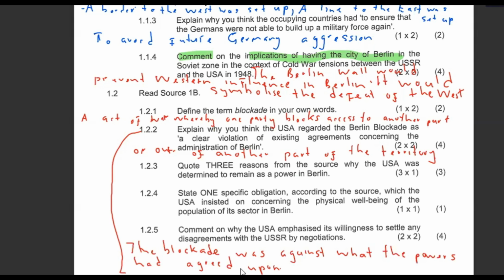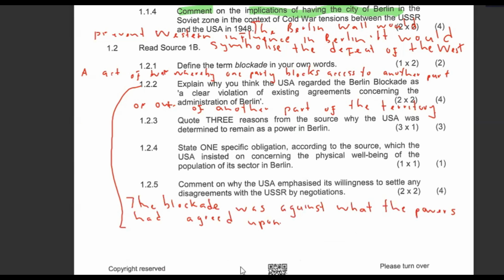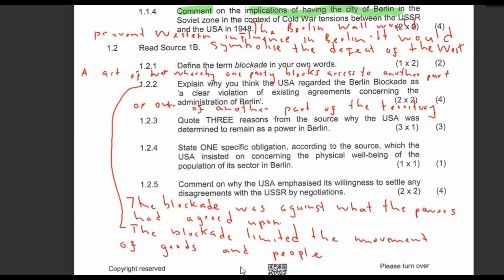Then secondly, you can also say that the blockade limited the movement of people from one point to another, of goods and people. Therefore, that's why it was considered to be a violation of the existing agreements.